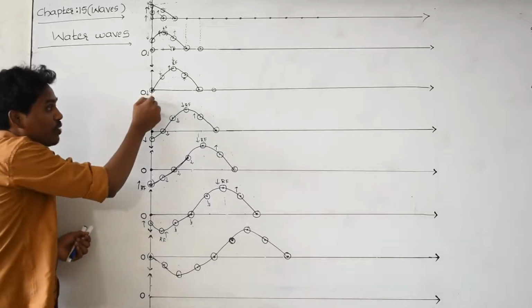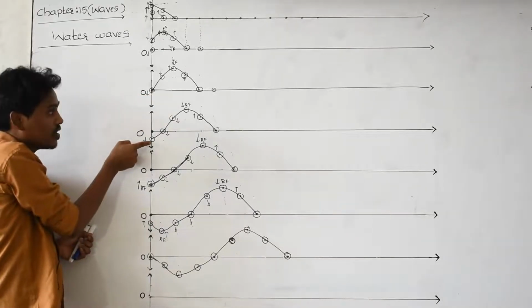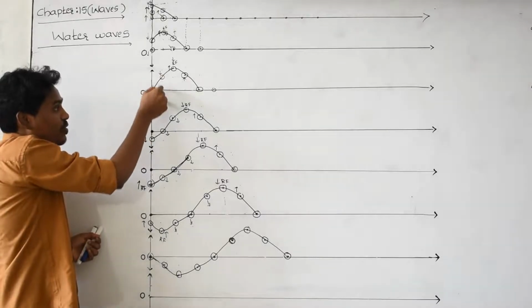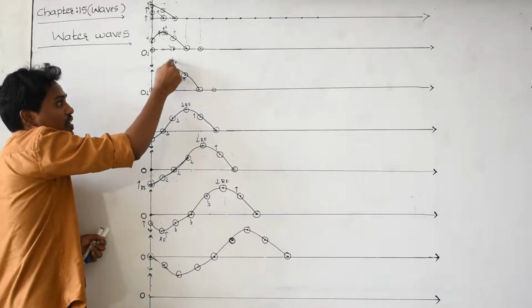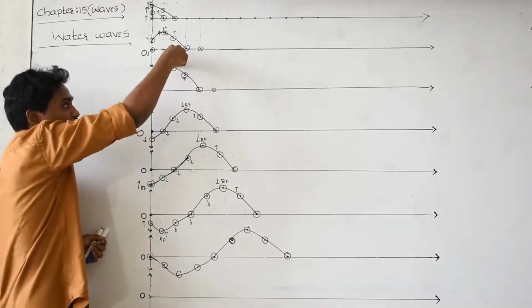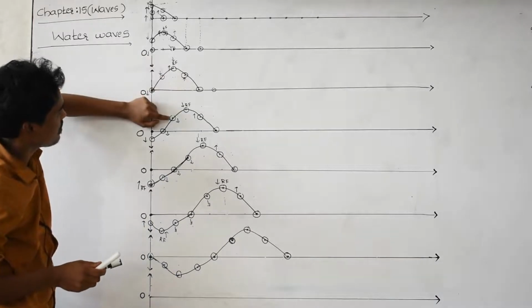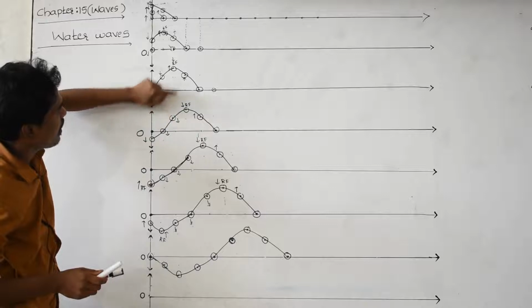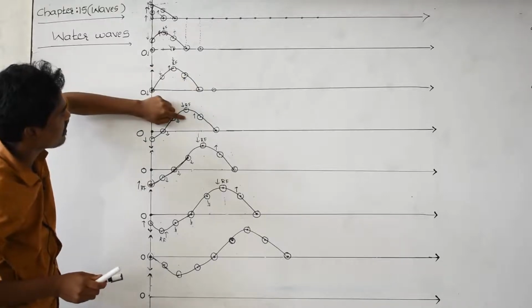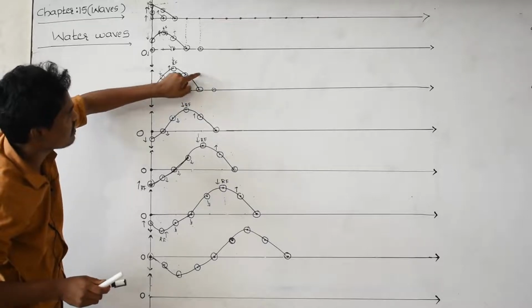Next, it is moving down, it is coming from here to here, yes. The restoring force is downward, so it is moving from this point to this point. And it is rising here, because of its disturbance it rose here, yes.